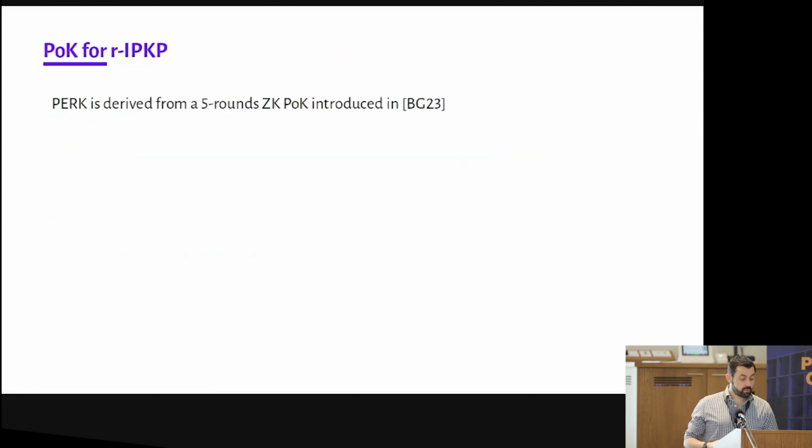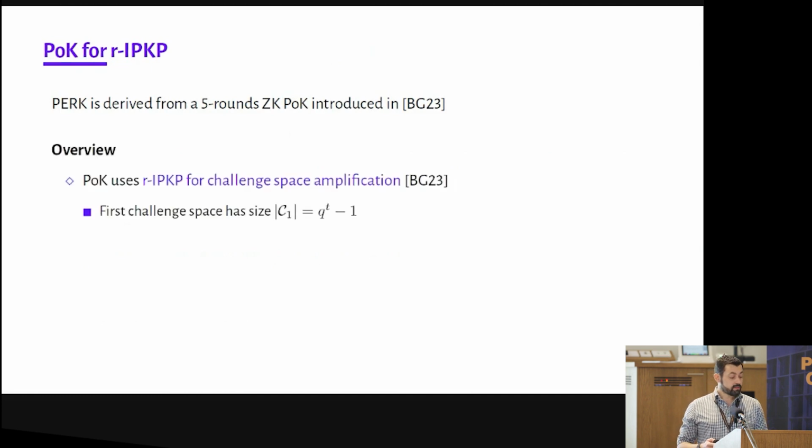Now that we know a bit more about the problem, let's see how the proof works. PERK inherently is a 5-round proof of knowledge, and there are two main points that are important to understand. The first one is, why are we using the RIPKP problem and not, let's say, the initial PKP problem?